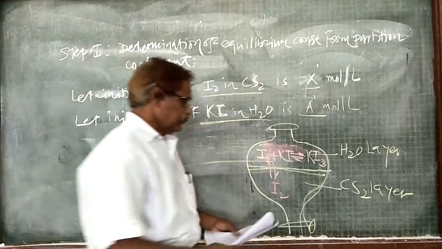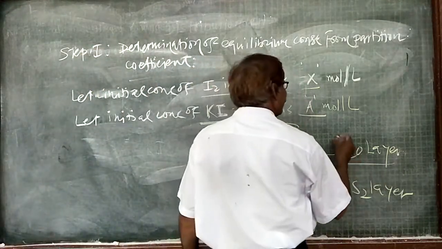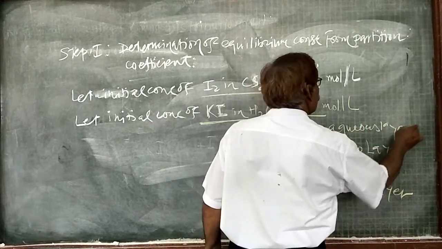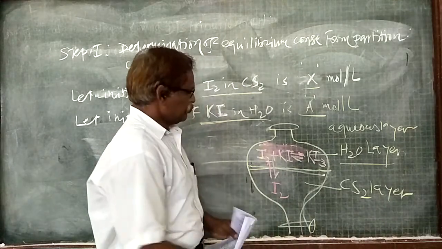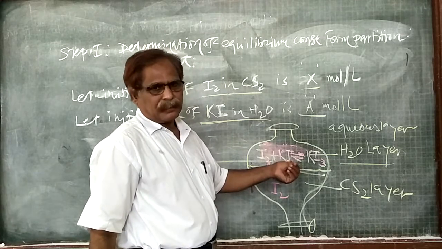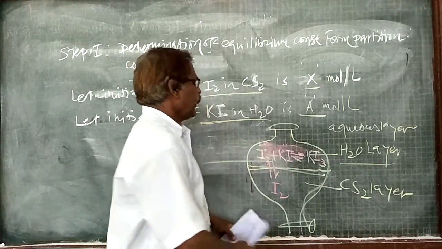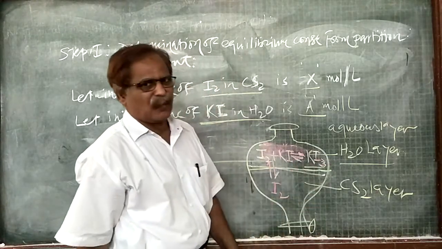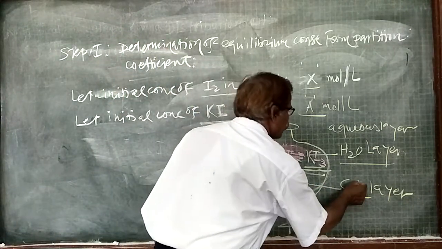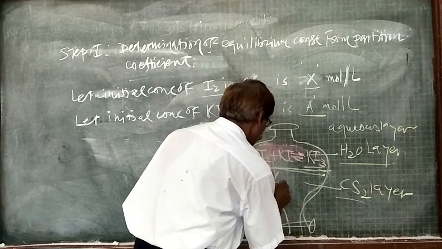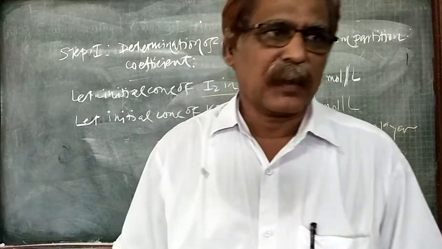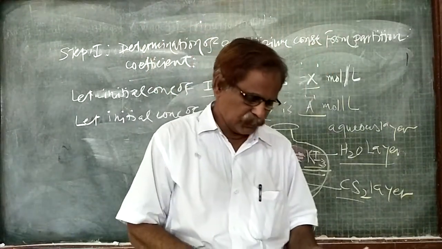In an aqueous solution, H2O layer, or aqueous layer, most of the iodine reacts with KI and gives potassium triiodide complex. And in the CS2 layer, I2 is present as I2.